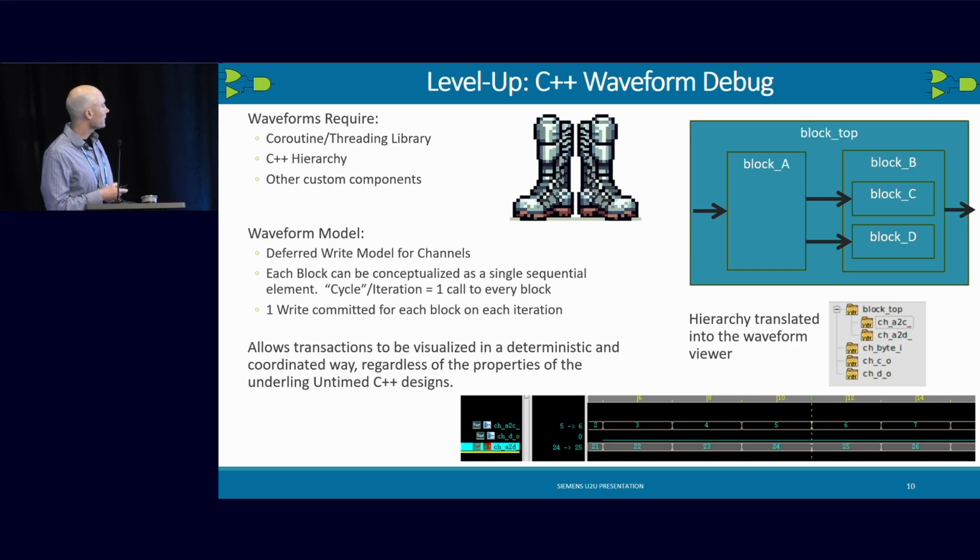At the end of each iteration, one write is committed for each block. So in this context, each of the HLS blocks becomes like a sequential register that has non-blocking writes. You can run your design and, with this infrastructure, reason about what's happening in time, regardless of how you implemented the underlying functions.